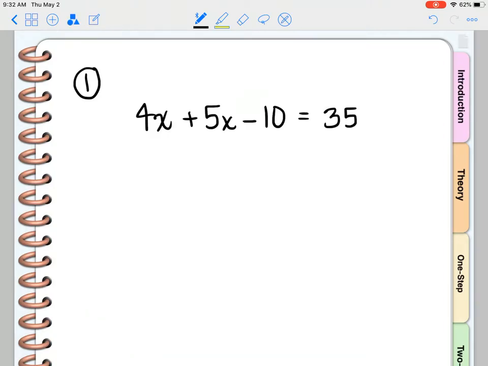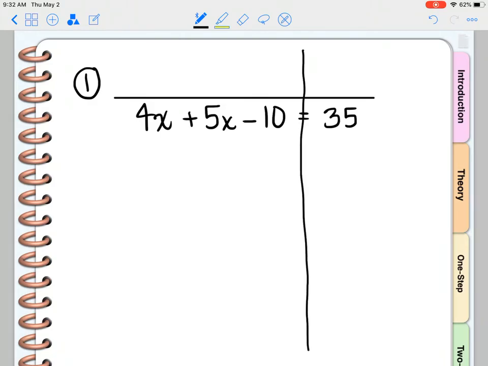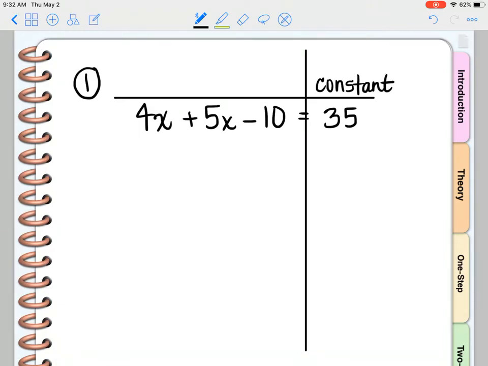So I'm going to go ahead and draw the frame that will help me solve this problem. And I can tell you immediately that this is the constant side. And the variables are on this side. And actually we just want one variable in the end.